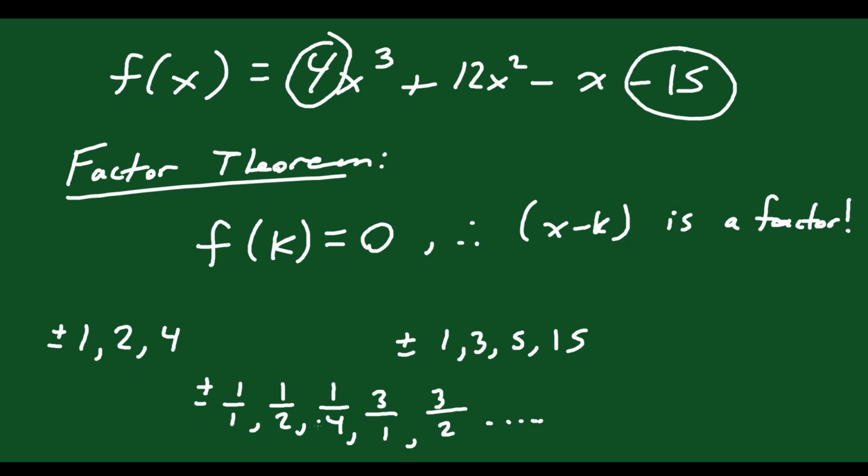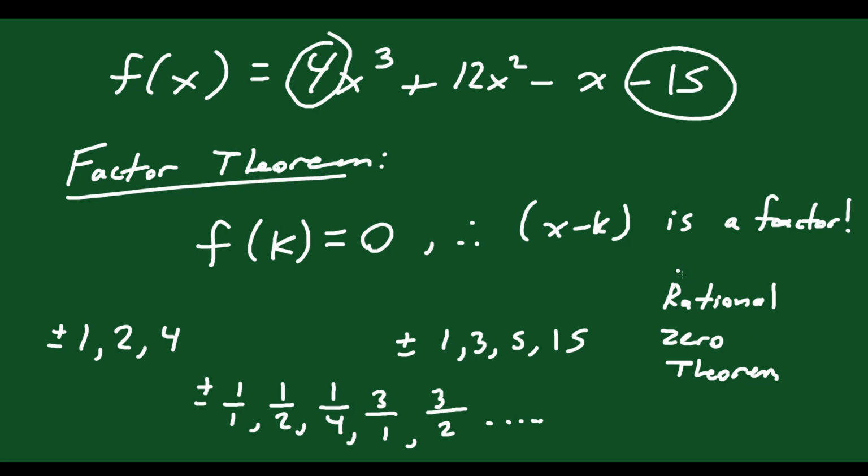These numbers that I've written down here are all candidates for one of the roots. We can find one of the roots by picking one of these numbers, plugging it into the function, and seeing if it equals 0. So these are the candidates that we're going to look at. Now, this is what's called the rational zero theorem.